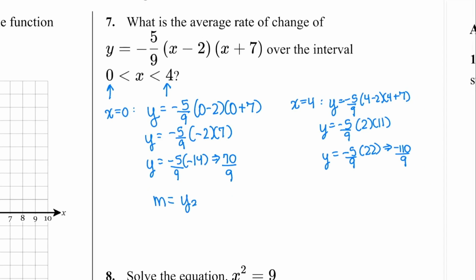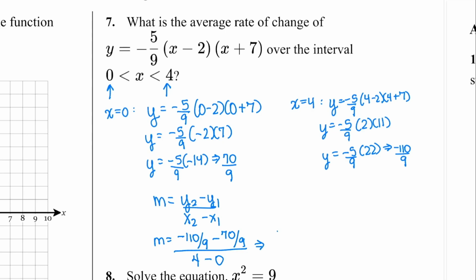That's going to be y2 minus y1 over x2 minus x1. So we're going to have negative 110 over 9 minus 70 over 9, divided by the corresponding x values: the x value for negative 110 over 9 is 4, and the x value for 70 over 9 is 0.